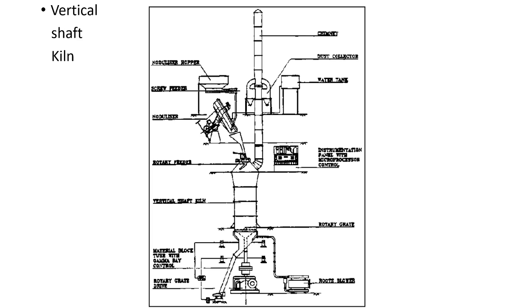The grate is driven with the help of a variable speed motor in order to control the discharge rate of the clinker. Means through this rotatory grate, clinkers are discharged. The clinker is finally extracted from the kiln bottom through a gamma ray controlled material block tube. So this material block tube is this one, and that is controlled by gamma rays.